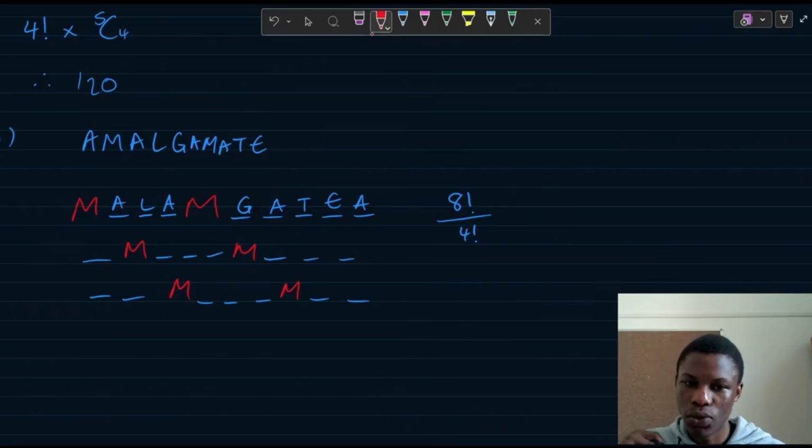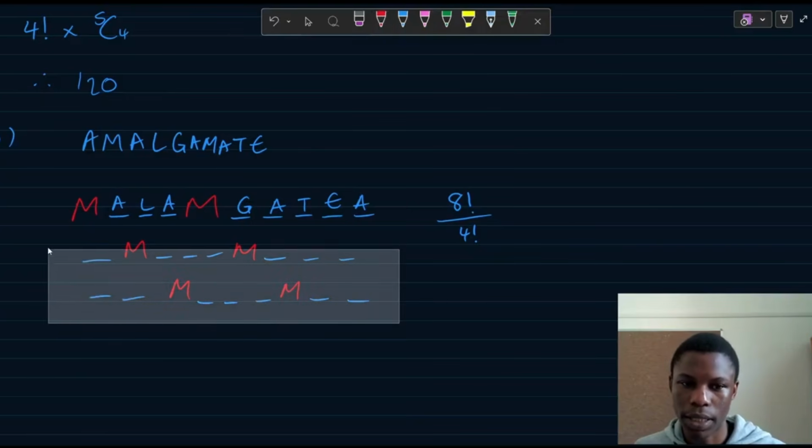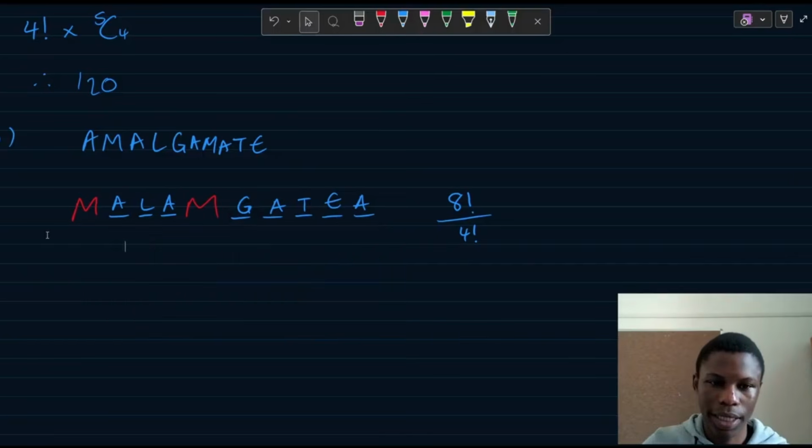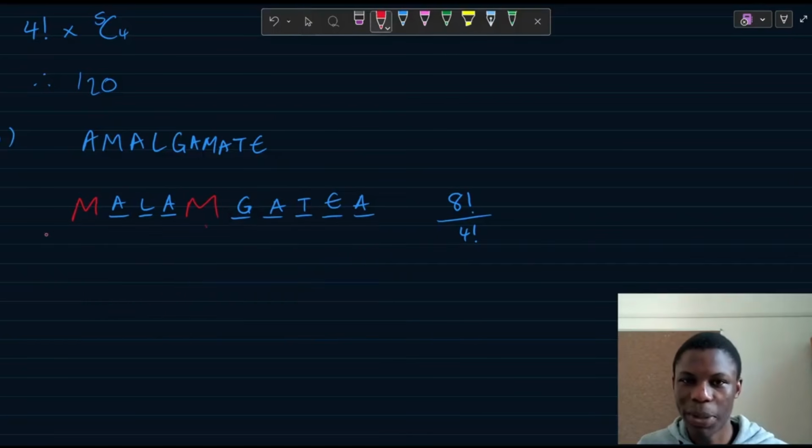So we need to count how many positions we can have the M's in and then multiply that by 8 factorial over 4 factorial. You can count that by monitoring how many places this last M can take up. It can take up this position or that position or that position or that position or that position.